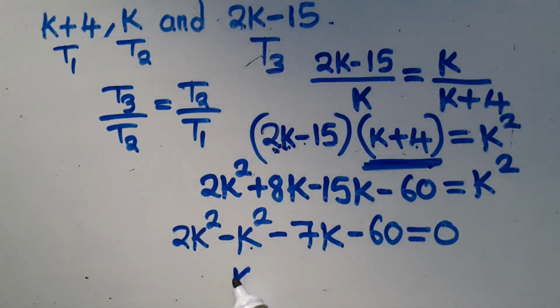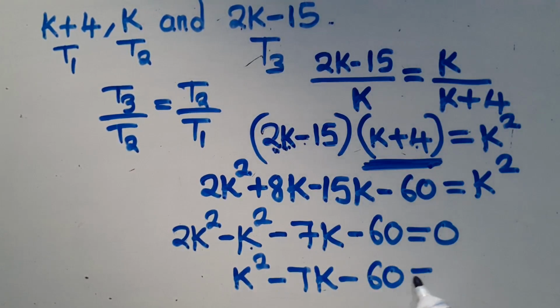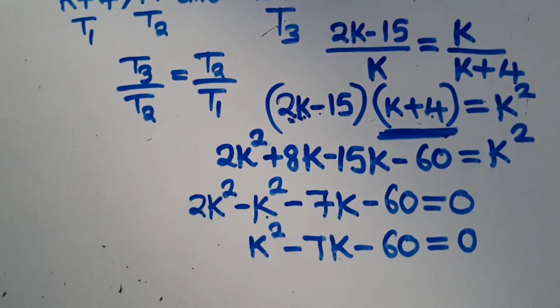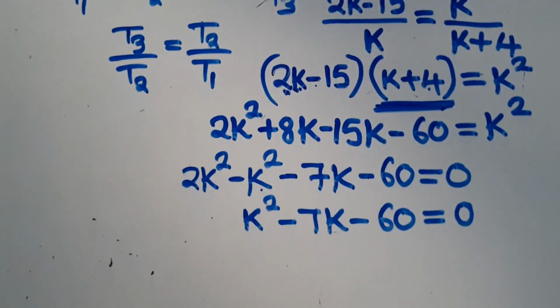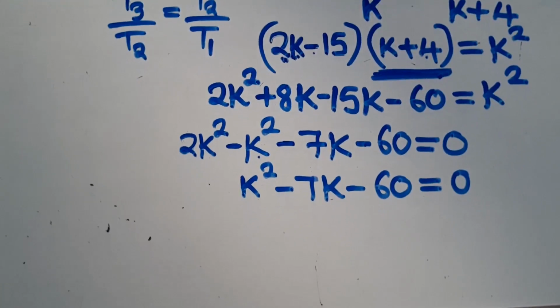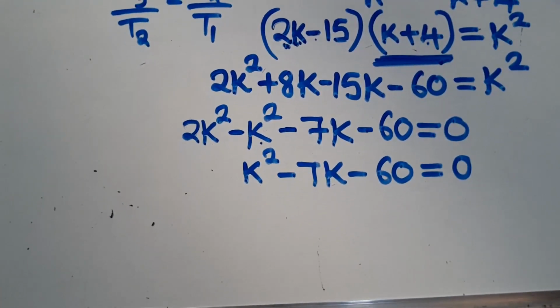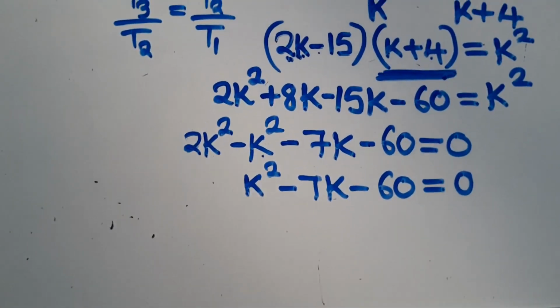You are getting k squared minus 7k minus 60 equal to what? Equal to 0. This is a quadratic equation. So we've now formed a quadratic equation. So we need now to solve this quadratic equation using any method that we are comfortable with.